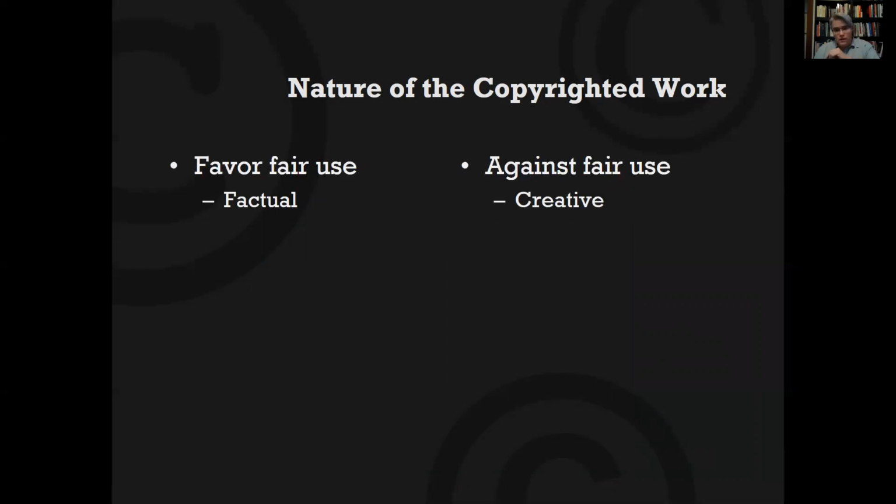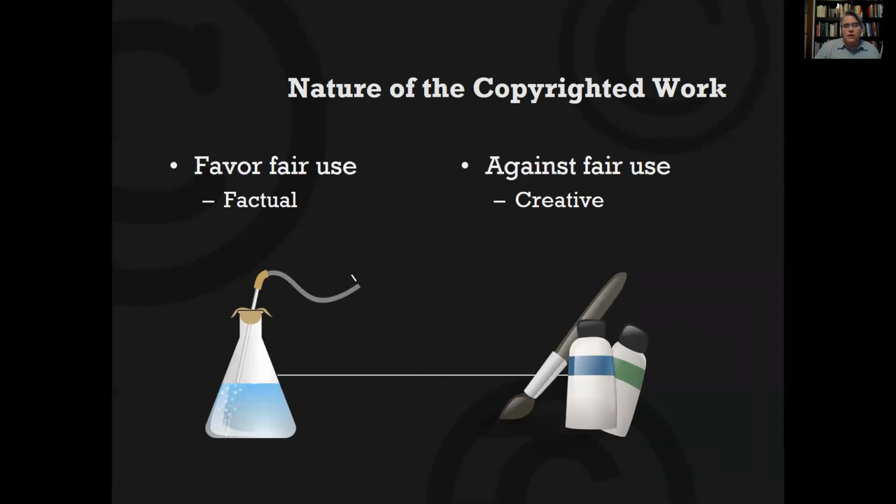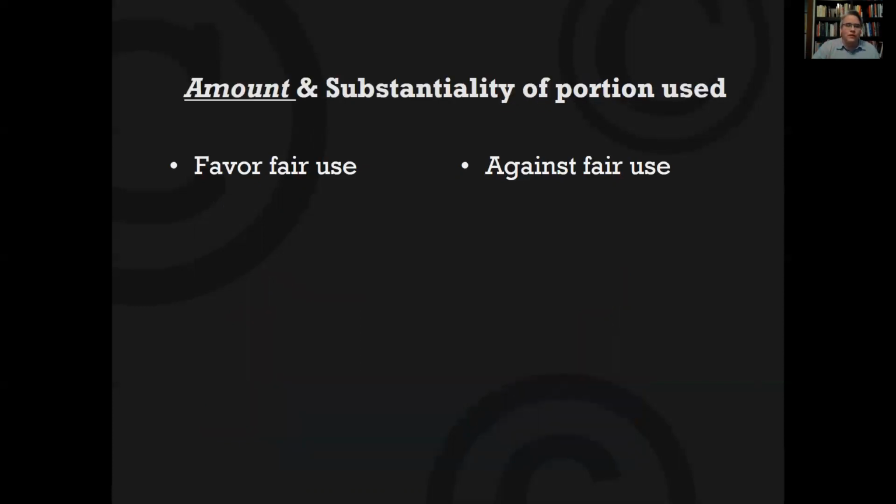And if you've watched the other video in this session, you will note that I said in that video, facts and pure data are not copyrightable. So if it's less likely to have super copyrightable content, it's more likely to be fair use. If it's more creative, it's less likely to be fair use. This is not actually a linear relationship, even though courts tend to talk about it like it is. Documentary films, for example, are both very creative and very factual often. So sometimes this factor is easier to understand than other times.